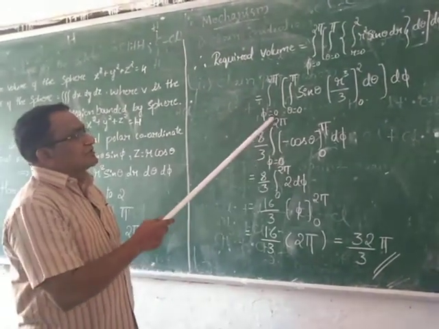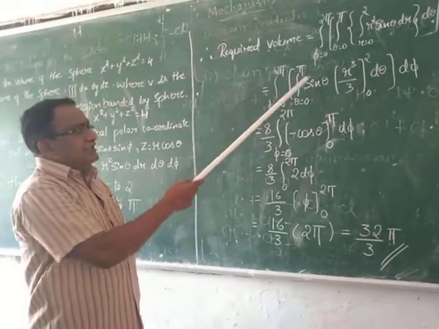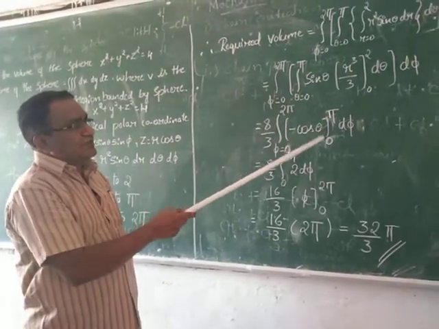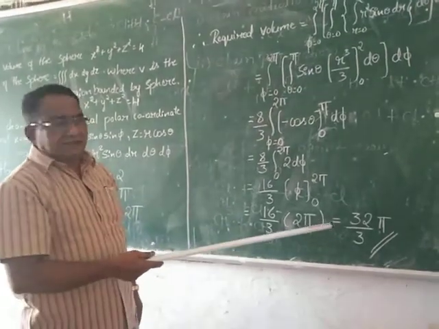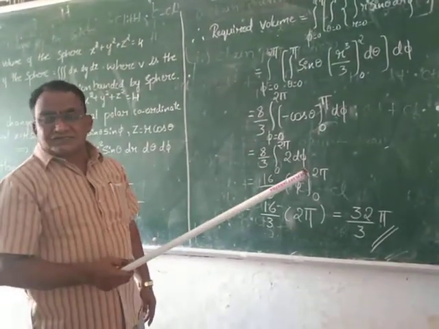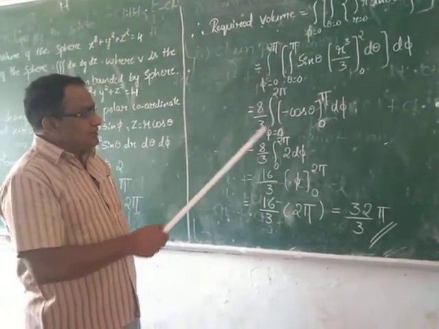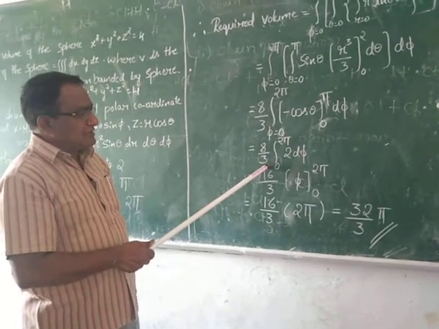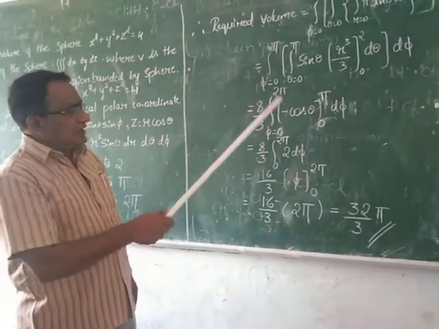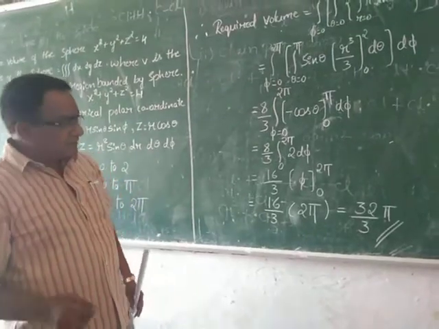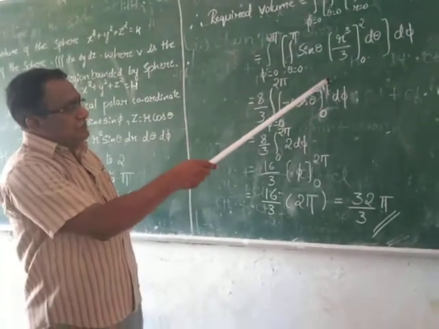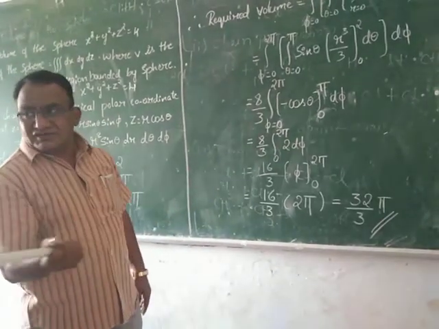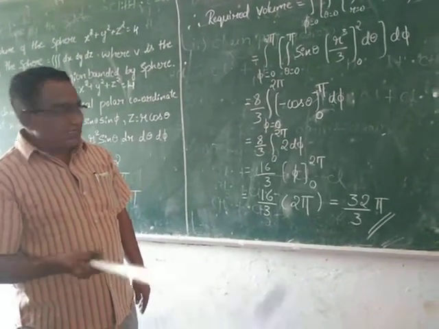Integral from phi equal to 0 to 2 pi of integration of sin theta, which is minus cos theta, with respect to theta, and the limits are from 0 to pi, into d phi. Write it as it is. This is equal to 8 by 3, carry that constant as it is, and apply the limits. If I apply the limits, we get minus cos 0 to pi, which means it is 2, as I have shown you in your earlier example.